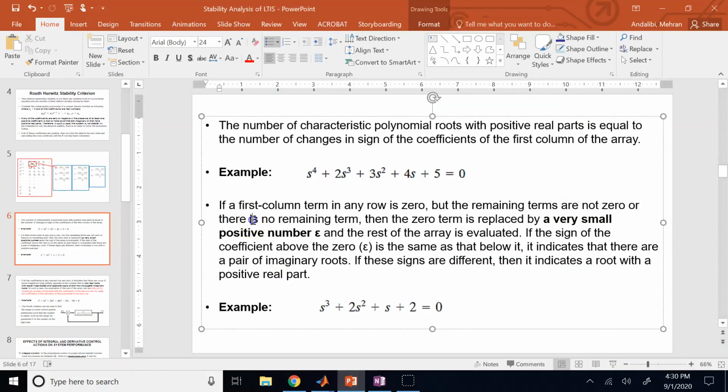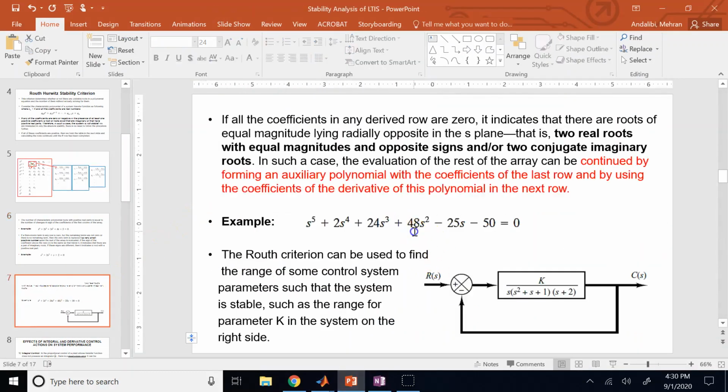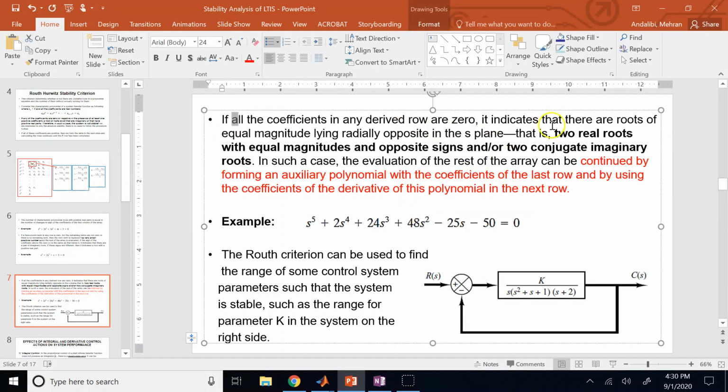The other case you have, which is even worse than that, is all of the coefficients in a row become 0. It says if such a thing happens, then there are roots of equal magnitude lying radially opposite in the S-plane, which means either two real roots, one of them positive, one of them negative, or two conjugate imaginary roots.